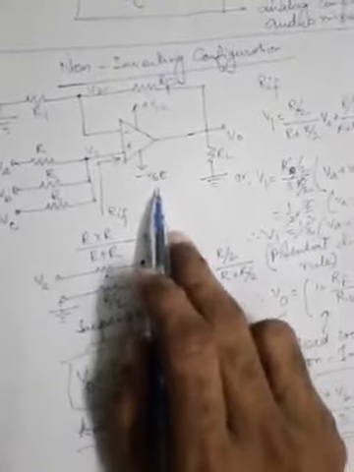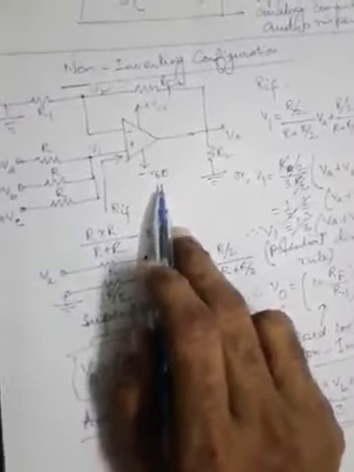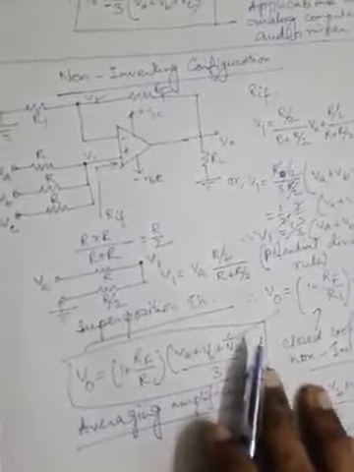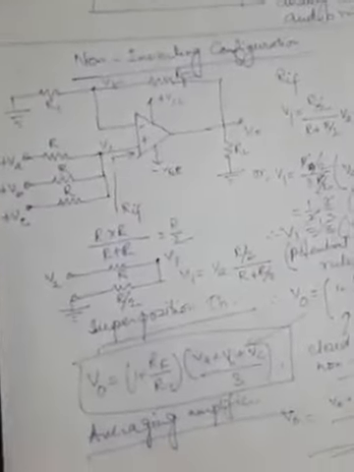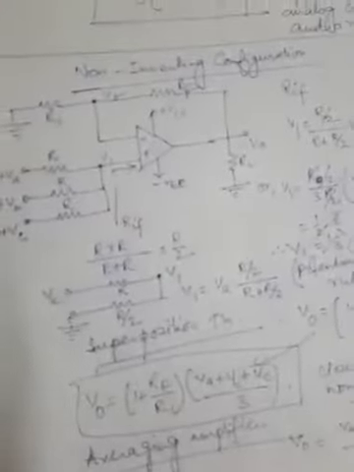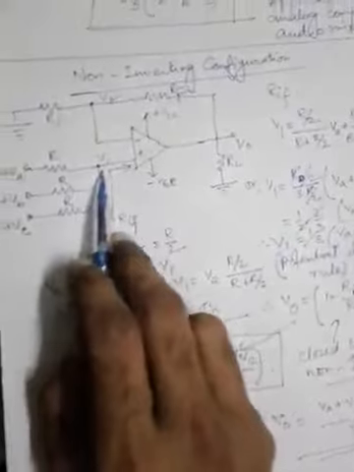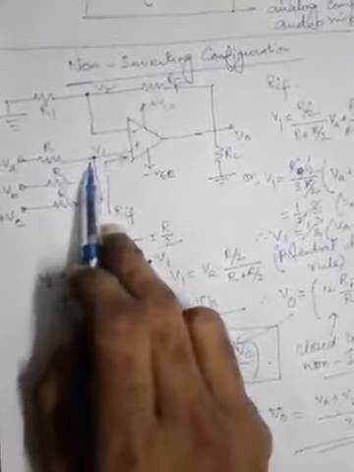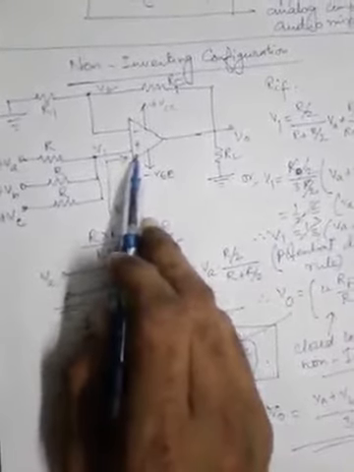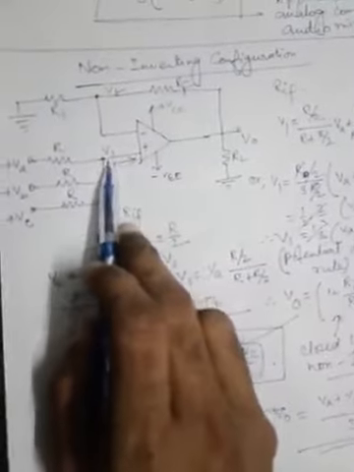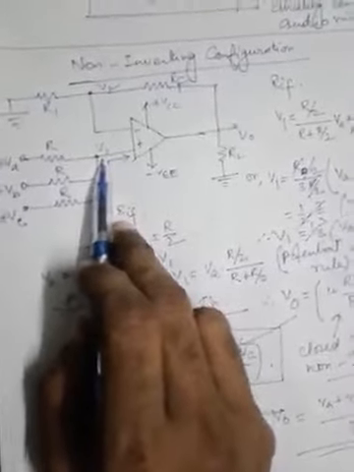In case of this amplifier, we are seeing that V1 is the average. That means this input V1, which is applied at the non-inverting terminal, is actually doing the averaging of all the inputs.